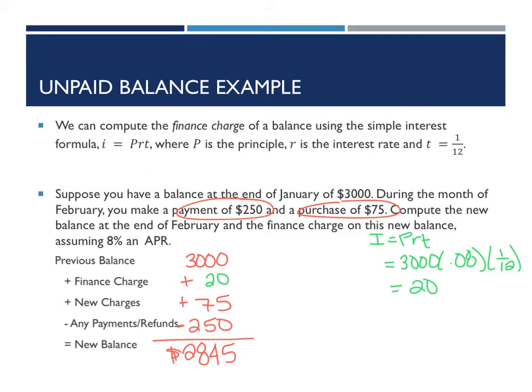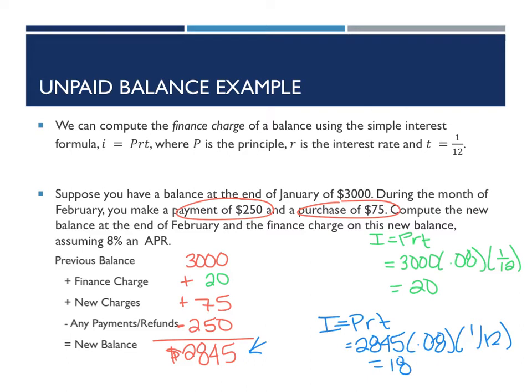Now I want to also find the finance charge on this new balance. So I would do I equals PRT on this new balance: 2,845 times 0.08 times 1/12. And if you put that in your calculator, you should get 18.97.